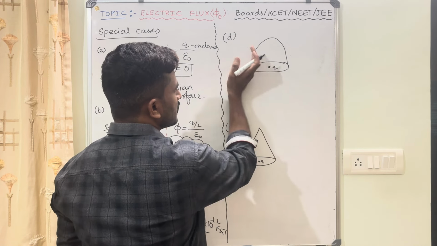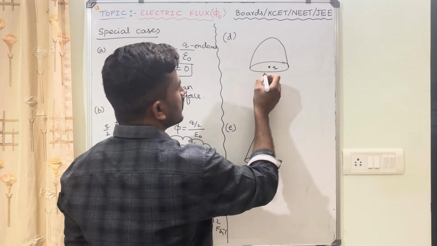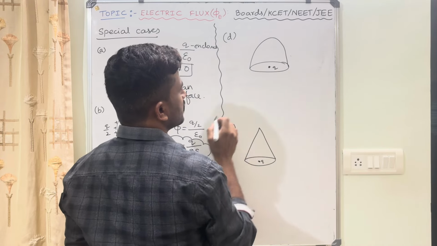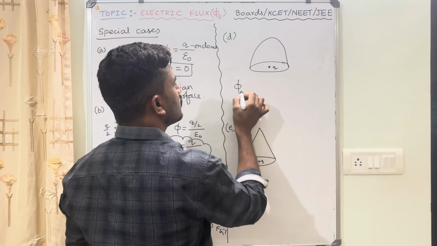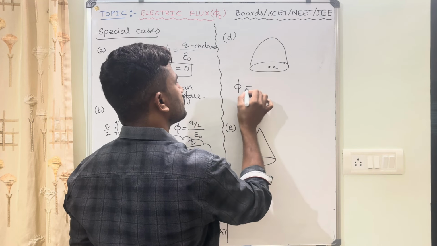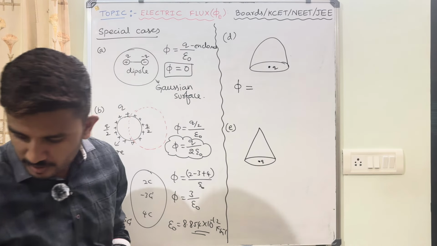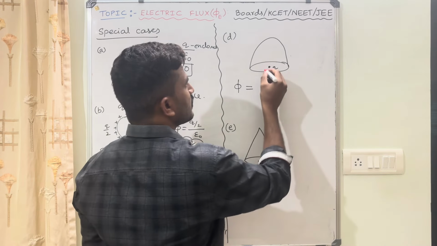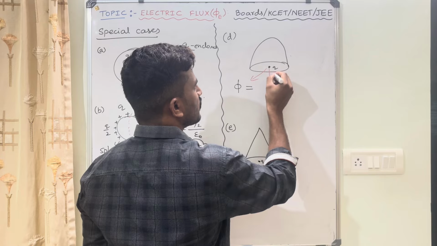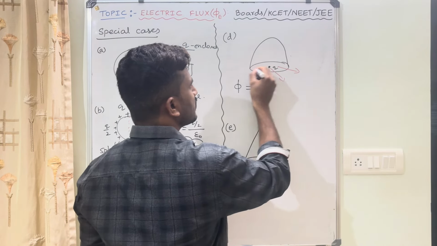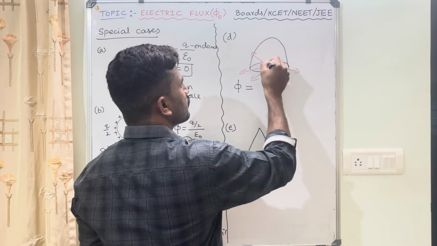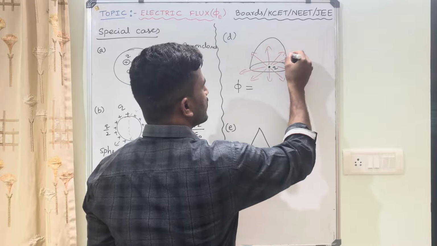Not in and out, let's consider this in a different case. So what is the flux through this hemisphere? Can you answer? Look at this, let me draw an example diagram here. Some of the flux is going outside and an equal amount of flux is going inside.